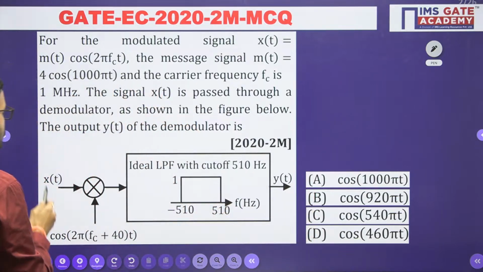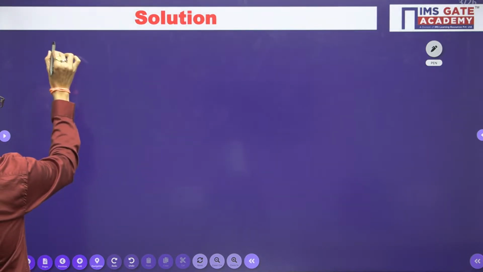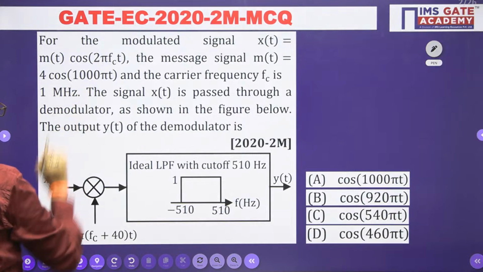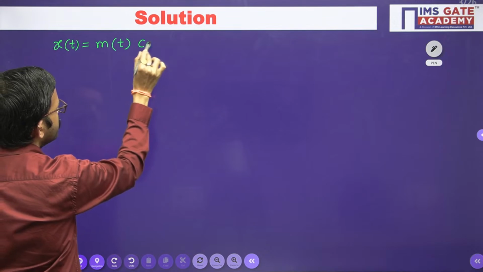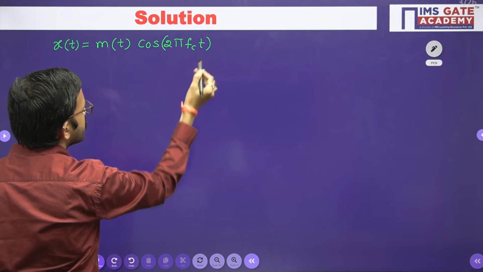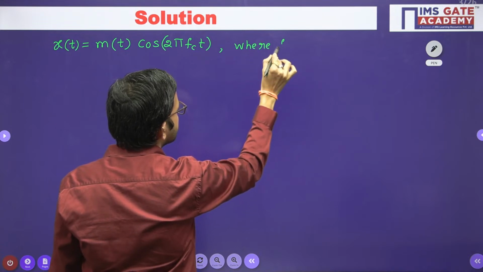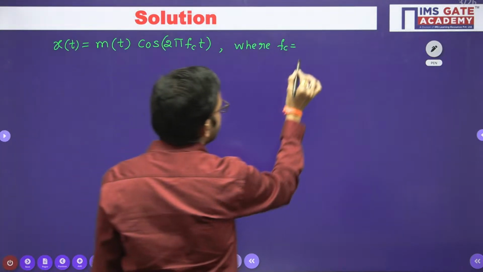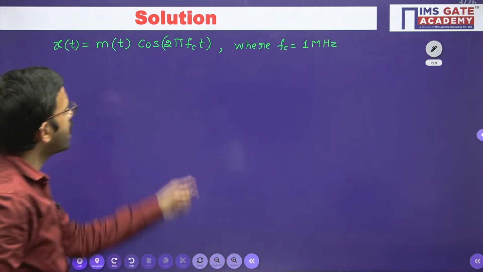First of all, let us write the x of t expression. x of t equals m of t into cos 2 pi fc t, where fc equals 1 megahertz. For the time being, I am not substituting that value; I will keep fc as it is.